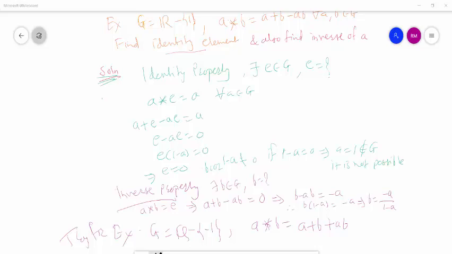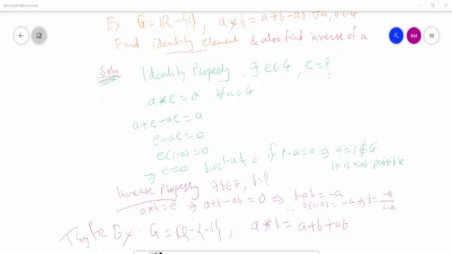Let's take one example. We have given the set G equal to the set of real numbers minus singleton 1, all real numbers except 1. And we have given a binary operation defined in this way: A star B is A plus B minus AB, where A and B are any two elements.